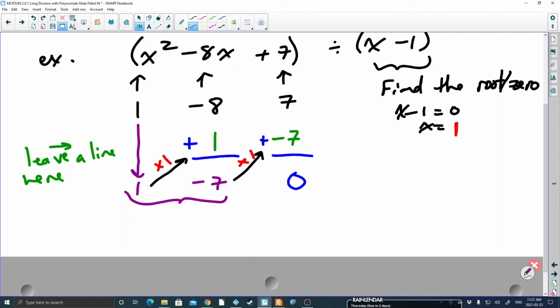Because you're dividing a quadratic by a term that has an x minus 1, you're dividing all of the variables by x. So x squared divided by x is x. X divided by x is 1, so that doesn't appear here at all. And your coefficients are 1 and negative 7. This number here is your remainder.